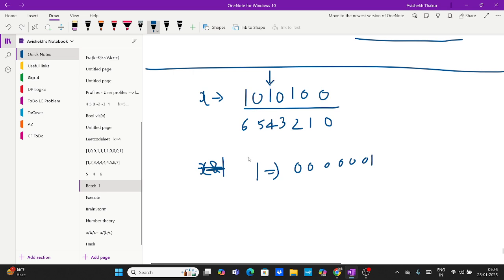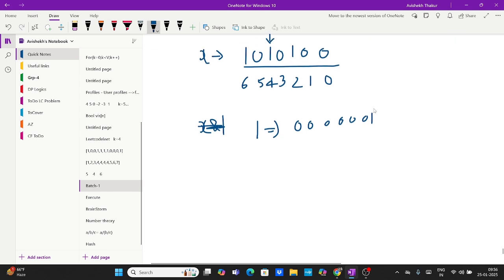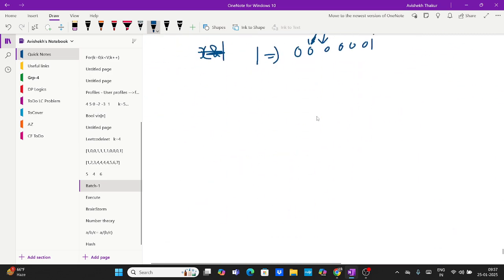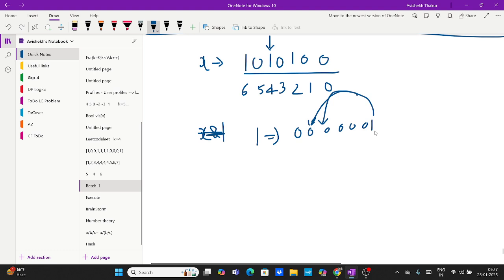So can I shift this one to the fourth position, to here, because this is our fourth bit? How can I shift this bit here? Left shift by four positions. Can I write like this?